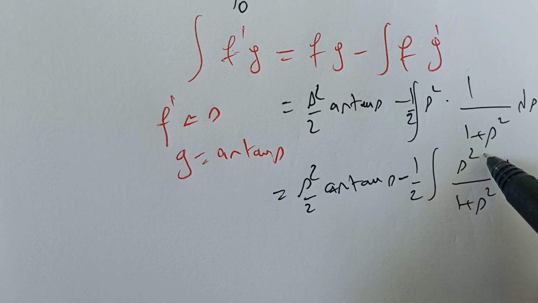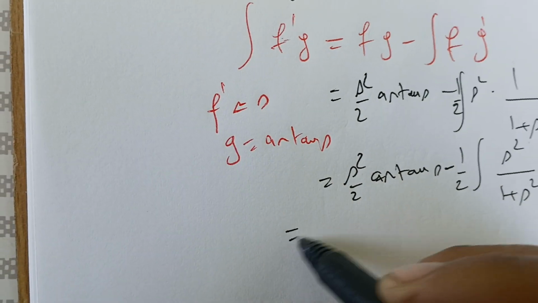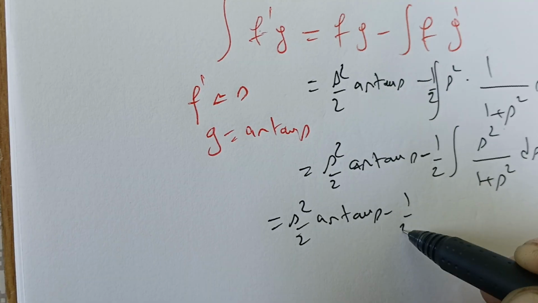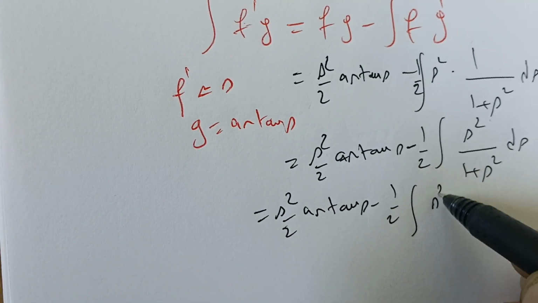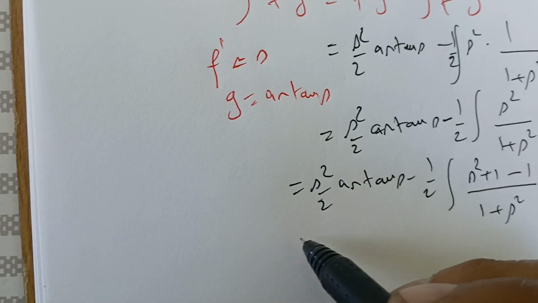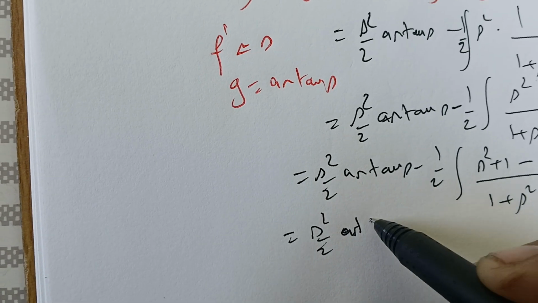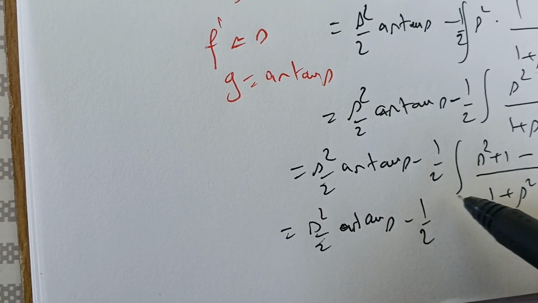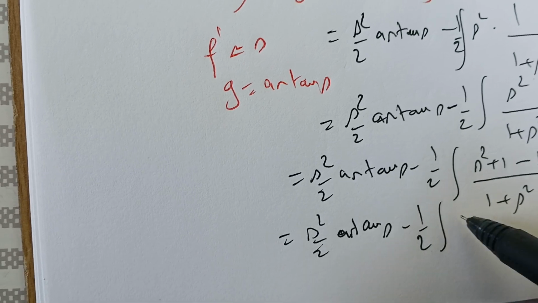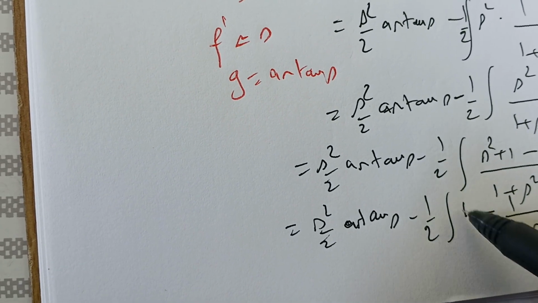Okay, to get a primitive of this one, I need to add and subtract 1. So when I do that, I'll get s squared over 2 arctangent of s minus 1/2 integral of s squared plus 1 minus 1 over 1 plus s squared ds. When I do that, I get s squared over 2 arctangent of s minus 1/2 integral of 1 minus 1 over 1 plus s squared ds.